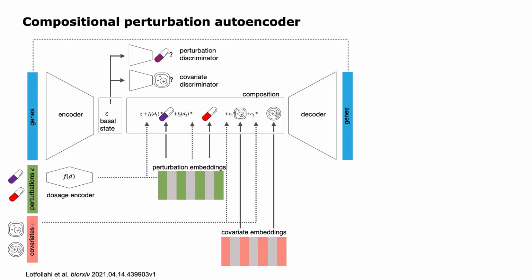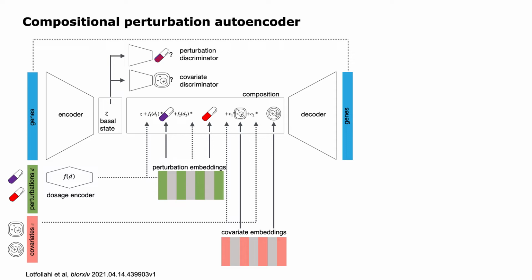It tries to disentangle the effect of drugs and covariates. Covariates can be cell lines, cell types, patients, all the discrete covariates, to come up with the basal state, which has none of this information. This is done using discriminators and adversarial training.